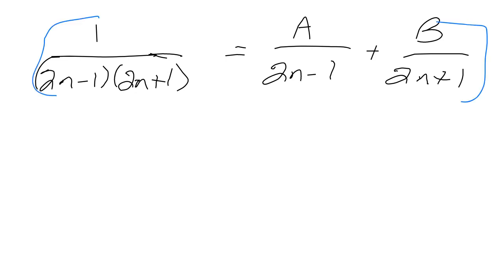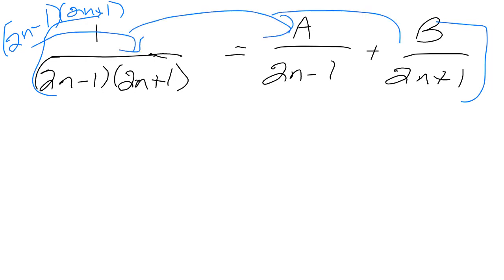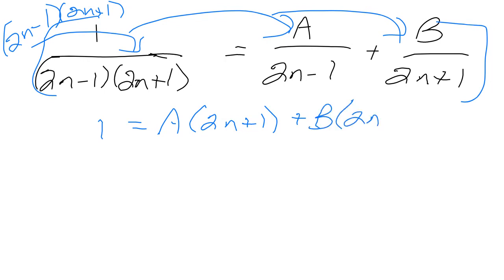We multiply everything through by the least common denominator, which is 2n minus 1 times 2n plus 1, using the distributive law on the right side. What we end up with is 1 equals a times 2n plus 1 plus b times 2n minus 1, because the 2n minus 1's cancel in the first term and the 2n plus 1's cancel in the second.